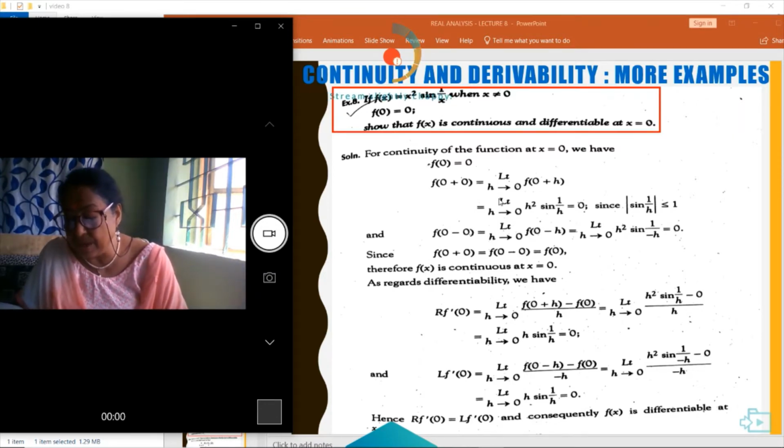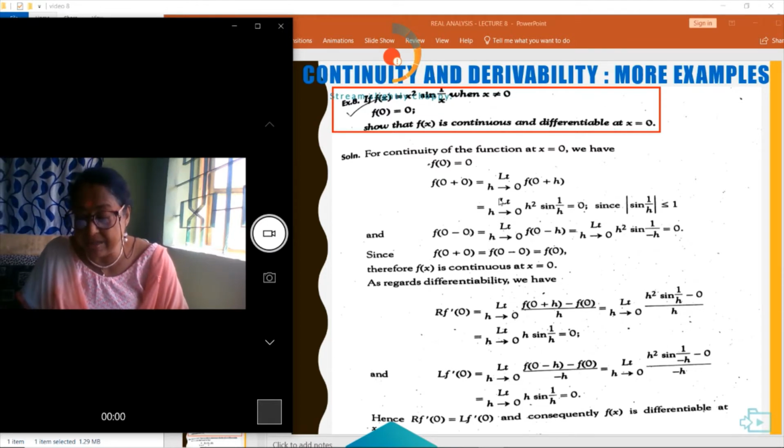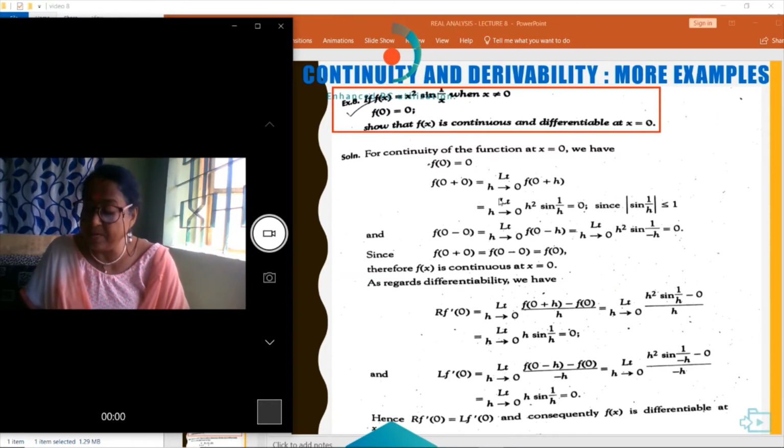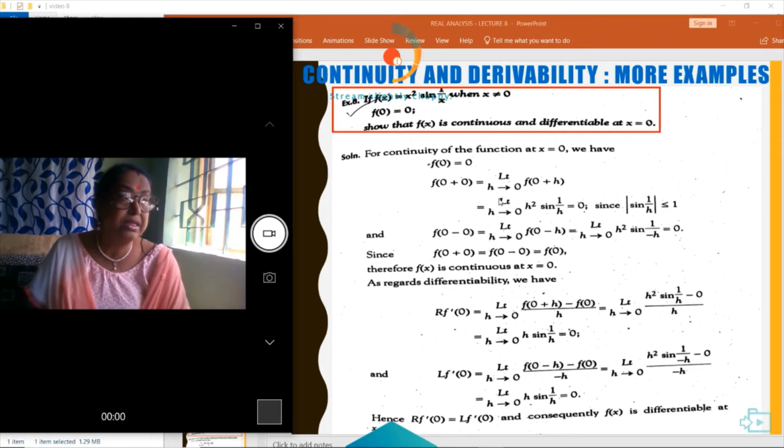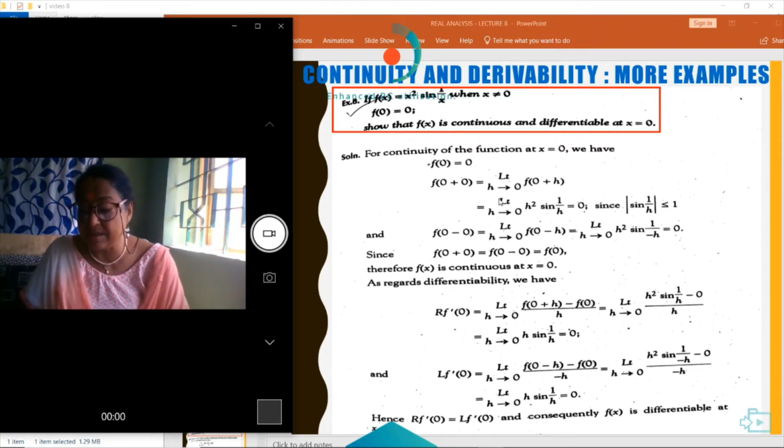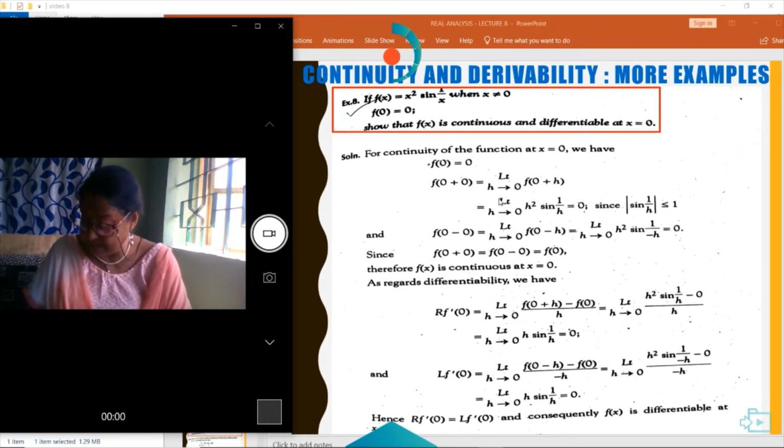Show that f(x) is continuous and differentiable at x equal to 0. See the previous function, there it is x sin(1/x), but in this function it is x squared sin(1/x). We have to prove that here it is continuous as well as differentiable, but in the previous case it is not differentiable.